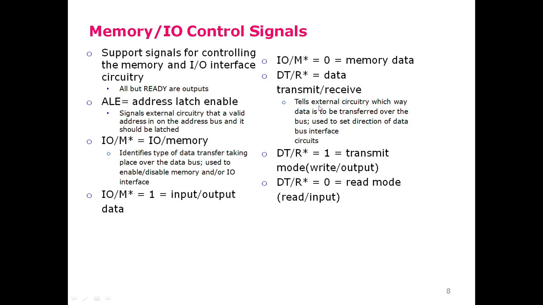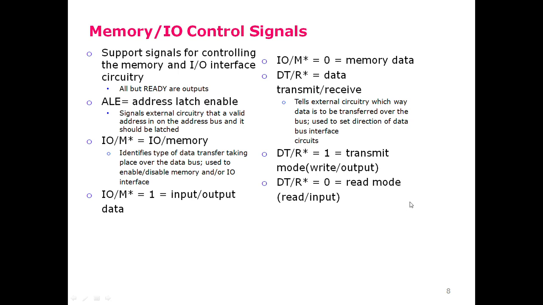So when the data is being transmitted for writing to the input and output devices or to a memory location, the data transmit and receive pin is set to 1. That would signal that the transmit, or the write operation, is happening. And when the data transmit and receive pin is 0, this would signal that a read operation is currently happening.